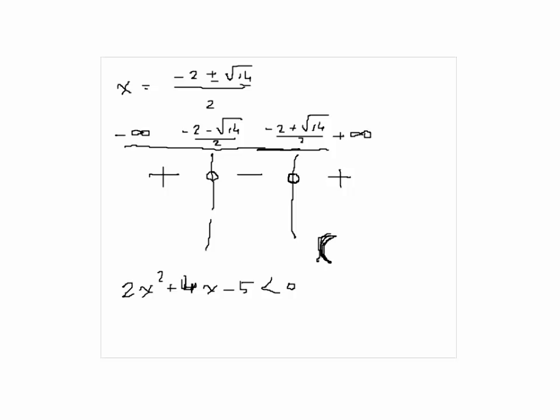So it starts with negative 2 minus the square root of 14, over 2, and ends with negative 2 plus the square root of 14, over 2, and this is the form of interval notation. It means that between these two numbers the sign of that expression is negative, and outside of this interval the sign is positive.